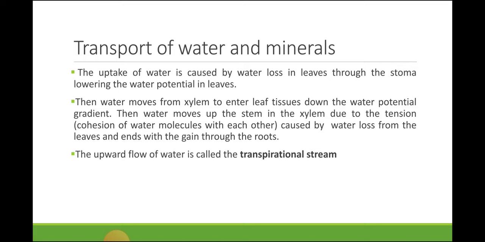So the leaf will lose water, then the water that the leaf has lost, it will regain from the roots. So you understand it like that, it's the transpirational stream. Some textbooks will call it transpirational pull. It's just because of differences in water potential.